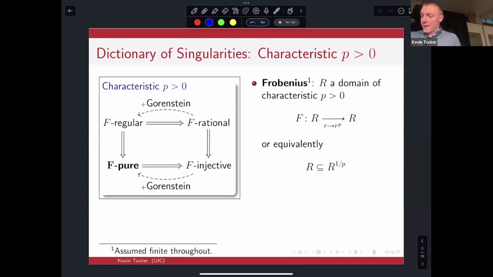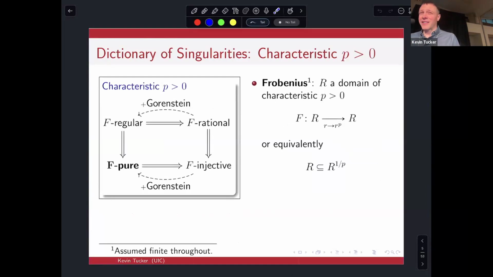Next let me tell you a little bit about the dictionary of terms in positive characteristic instead. Again, as Carl mentioned yesterday, we no longer have resolutions of singularities. Of course, even if we did, they don't satisfy the same vanishing theorem, so that's not really going to help us. The singularity classes here in positive characteristic are all defined using the Frobenius or p-th power map.